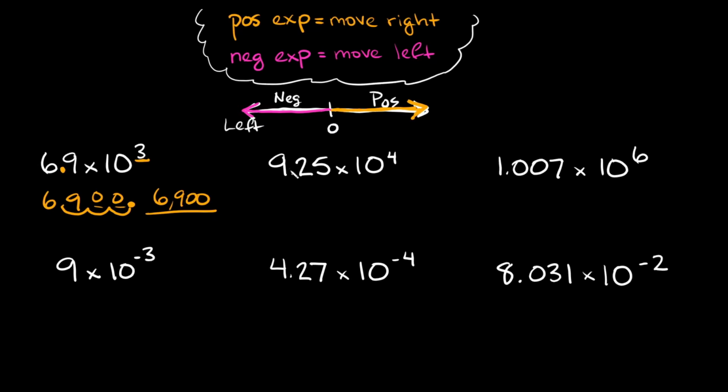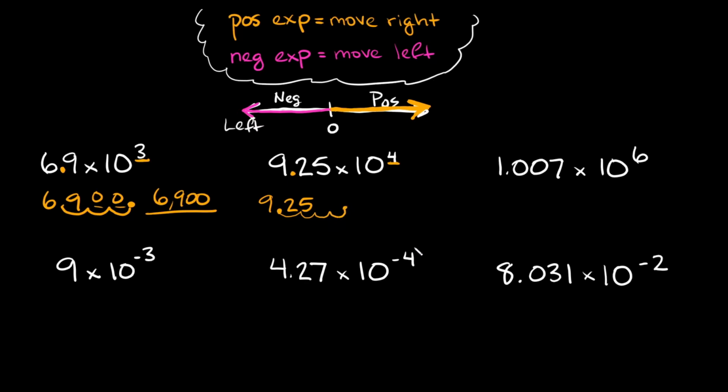So here we have 9.25 times 10 to the 4th power. Okay, so again, all you're gonna do is grab your decimal, and in this case, we're gonna move it 4 times, right? Since our exponent right here is a 4. So 9.25, and then are we gonna move it to the left or to the right? Well, since we have a positive exponent right here, positive means we're gonna move it to the right. So we're gonna go 1, 2, 3, 4.